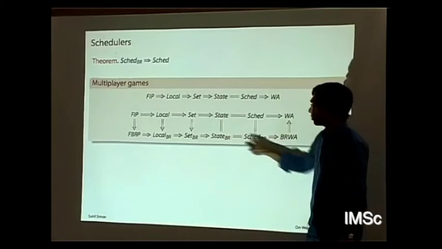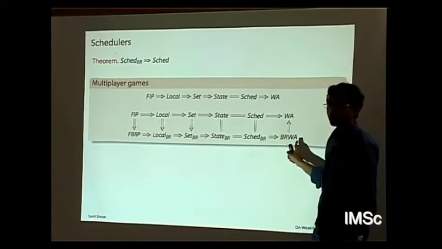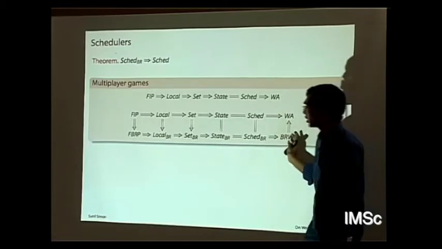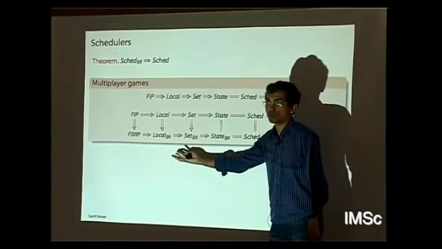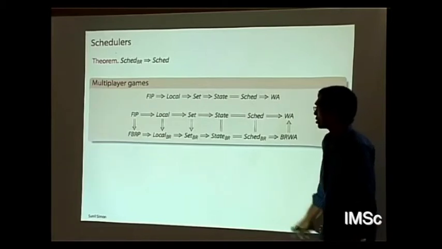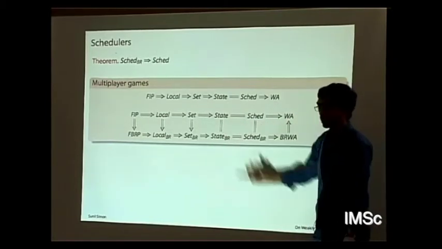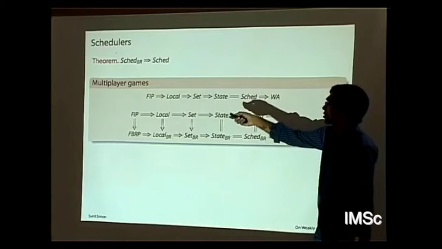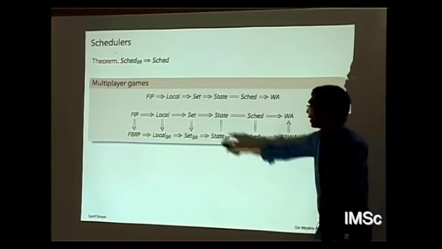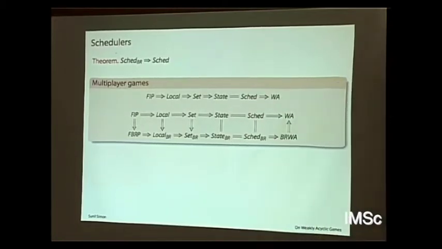Here you're restricting to best responses. So you're not allowed to do arbitrary improvements, but you're forced to do best response. If you do that, you get the same classes with best response. So here what you can show is these four classes are the same because of this result. Everything else is a strict inclusion.